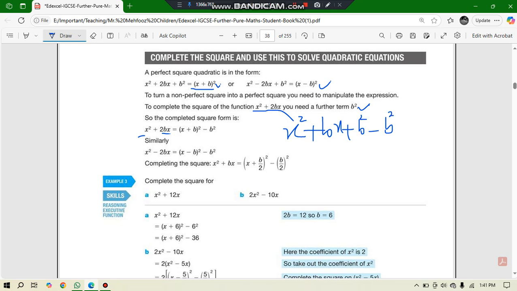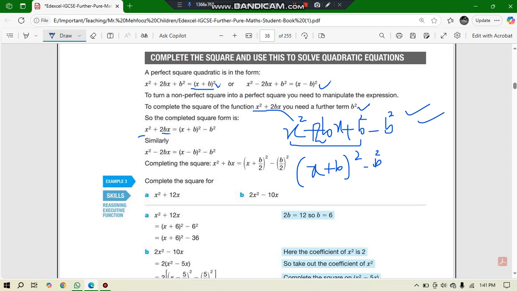When we add this b squared, this will become (x plus b) whole squared, and the minus b squared is as it is. So when we add b squared and subtract b squared, it means that we are manipulating the expression.